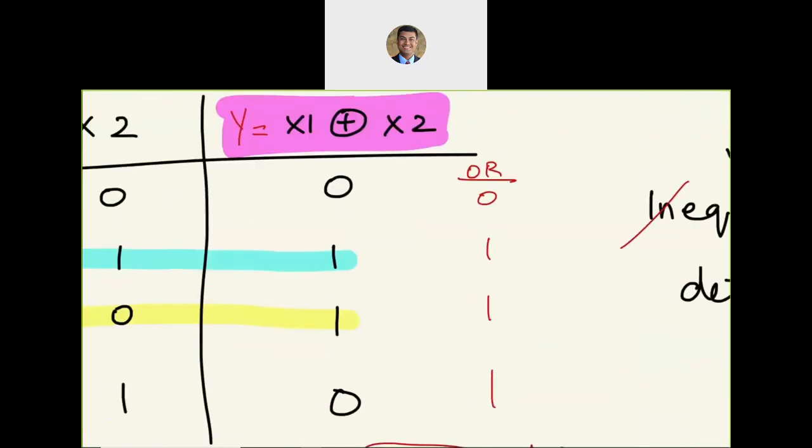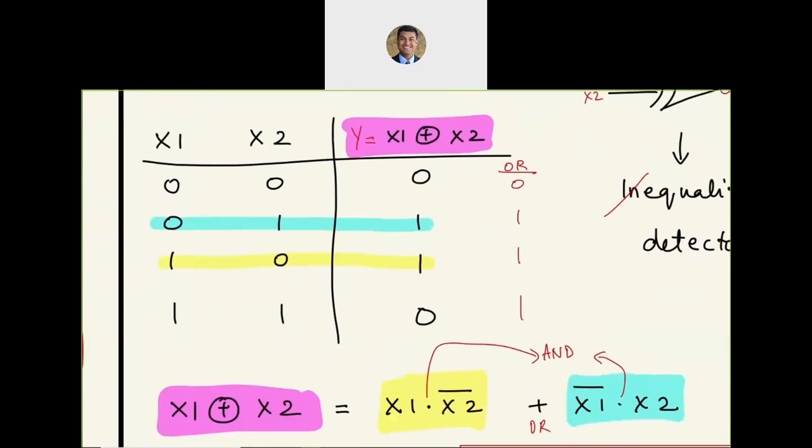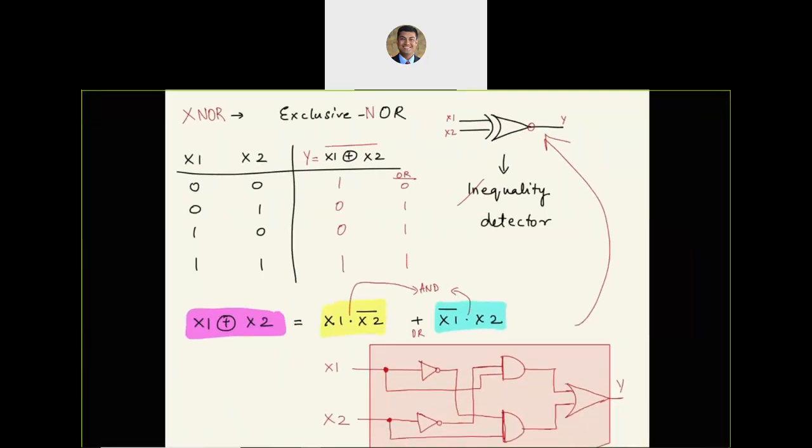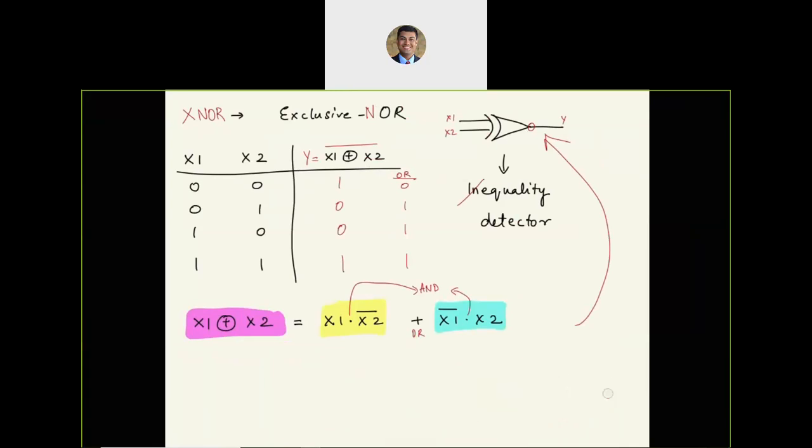Everything is going to flip, which means that instead of these, I'm going to have 1, 0, 0, 1. My logic expression is going to need a bar over it because I'm flipping the output. What else is going to change? Oh, my logic expression is going to change. So let me erase all of this out because it's going to be different.